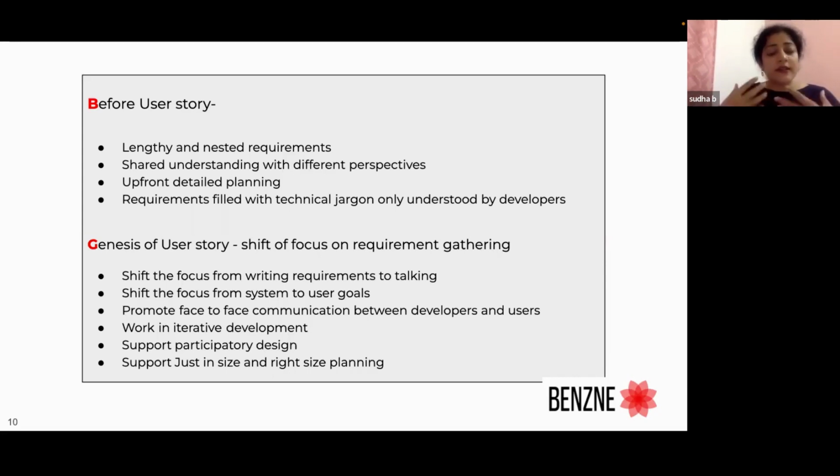Along with that, these requirement documents in the past made it look like a contract and a final document. Whereas with user stories, as soon as you would find a requirement, you would only tag the details. You would just tag the functionality, and the focus was to defer the details and capture just enough information. The focus also was to have more communication around the tagged functionality.